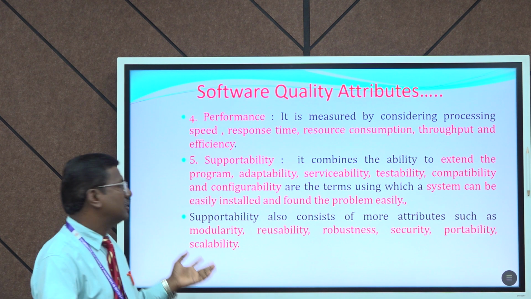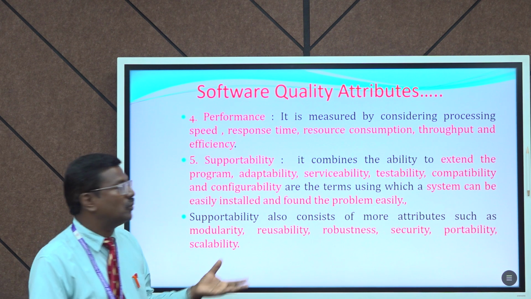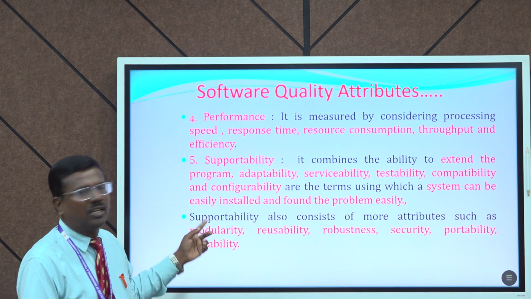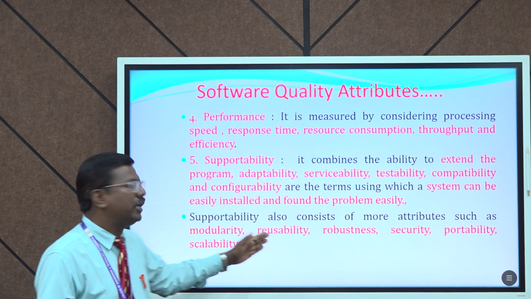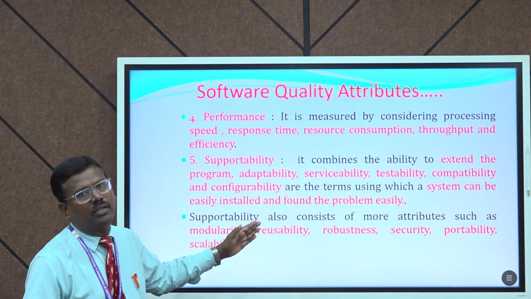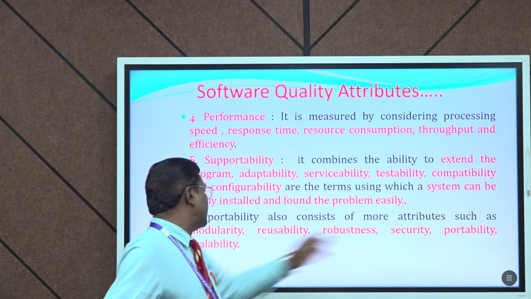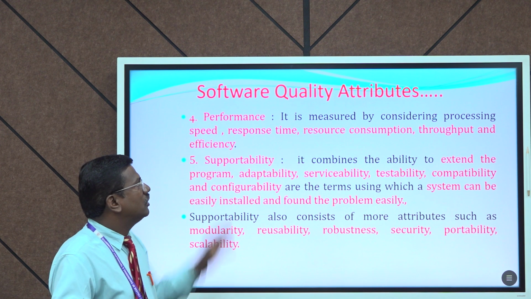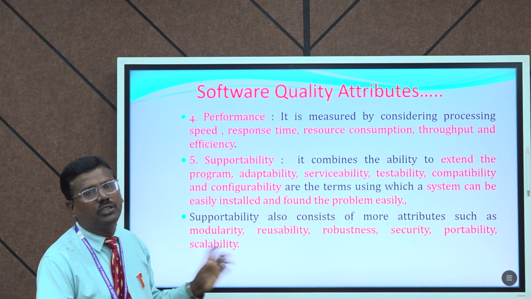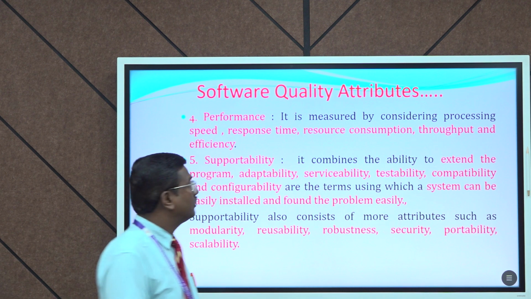Supportability also consists of more attributes such as modularity. Modularity means module by module. Then reusability, which means reusing code. Then robustness, security, and portability. Then scalability. So these are the quality attributes used in software design.